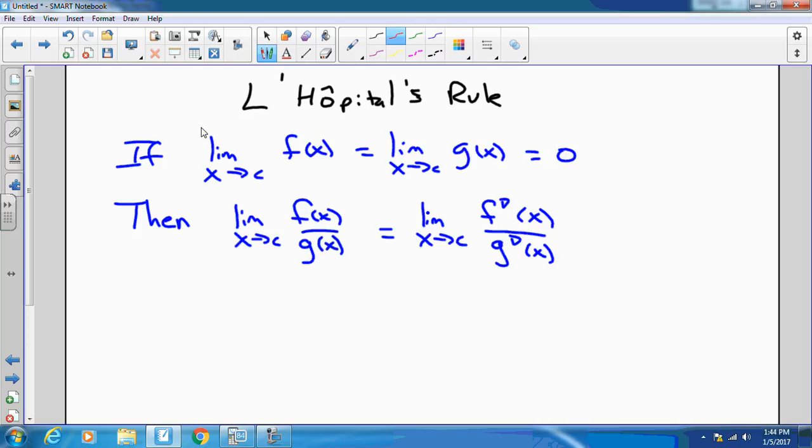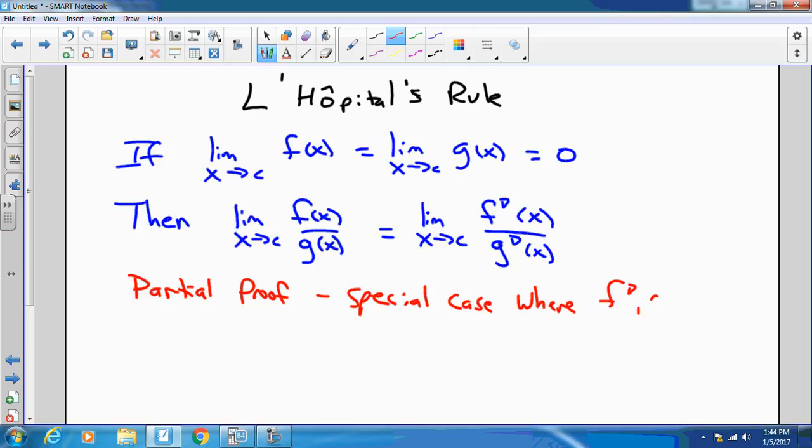So, I'm going to give a partial proof for a special case where f prime and g prime are continuous at x equals c. Now, since f prime and g prime are continuous, that means they exist, and therefore f and g are both continuous also.